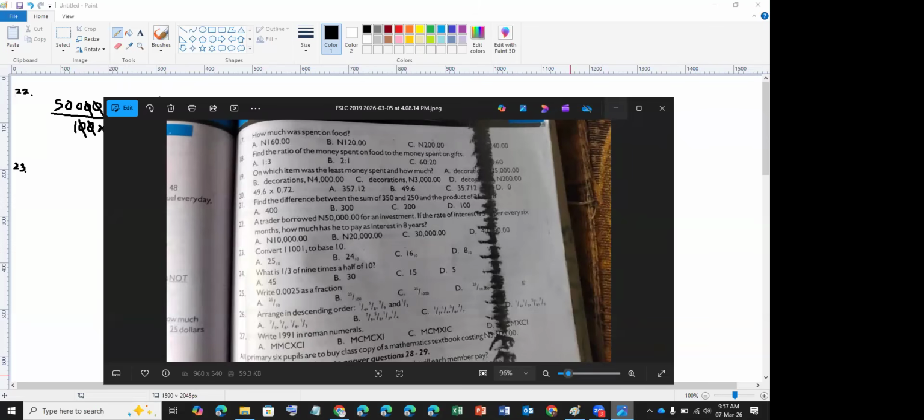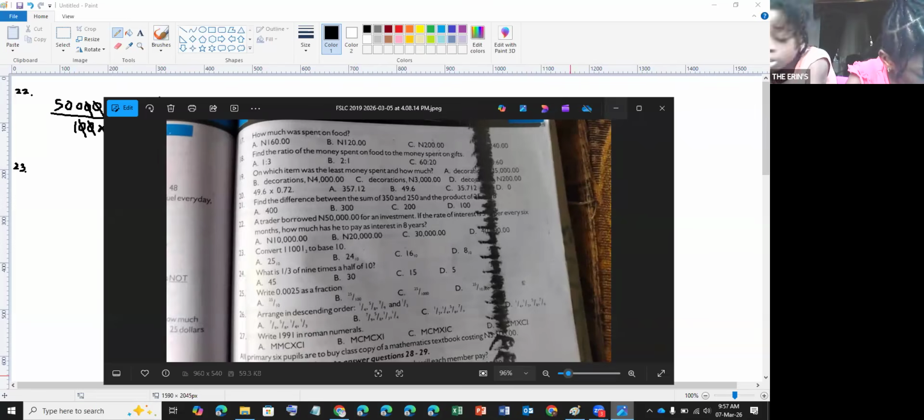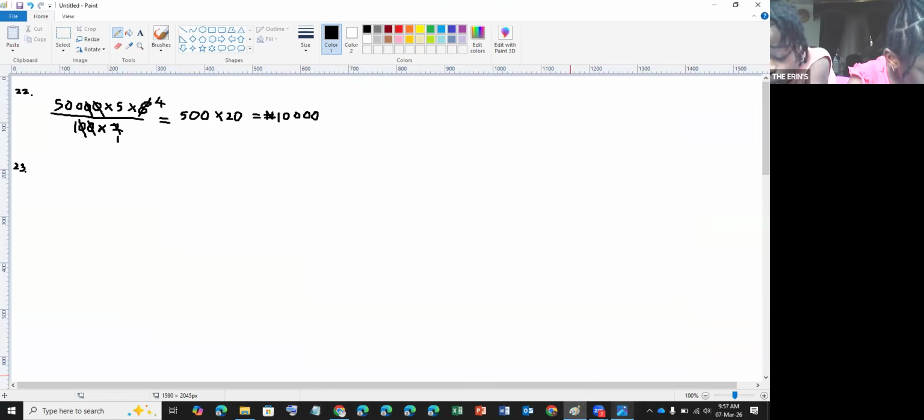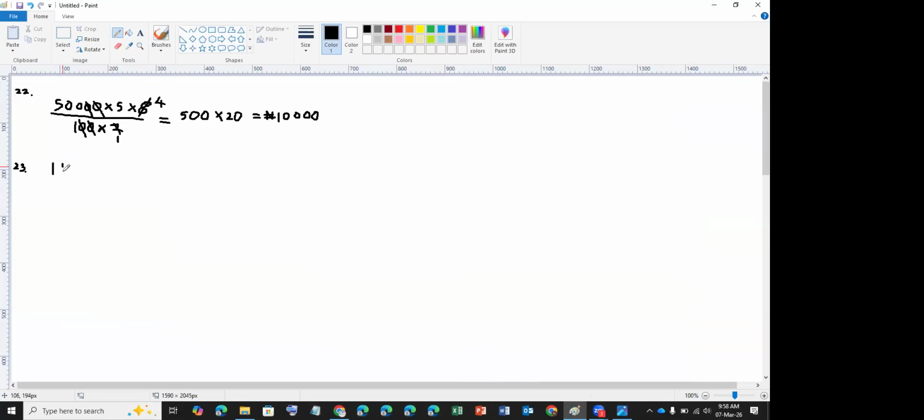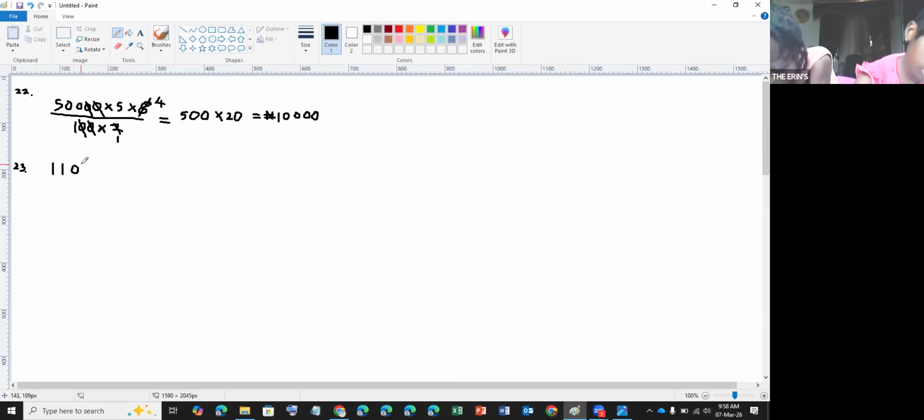Since it says you are going to change it to base 10, I'm going to do 1 times 2. I think the best thing would be for us to write down the number first. Have you done that?